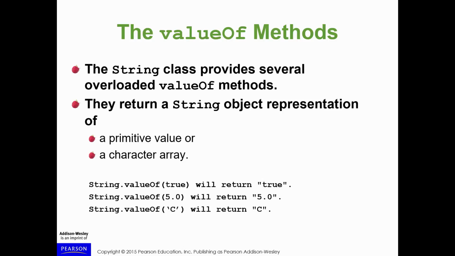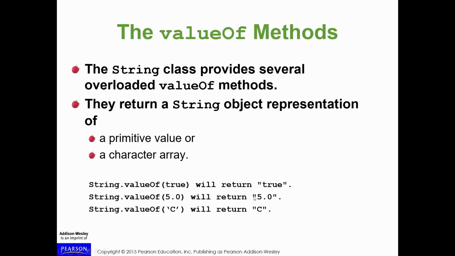The string class provides several overloaded valueOf methods that return the string representation. So in other words, if I say what is the string value of Boolean true, it's the word true. It's the string true. What's the string value of 5.0? It's the string 5.0.